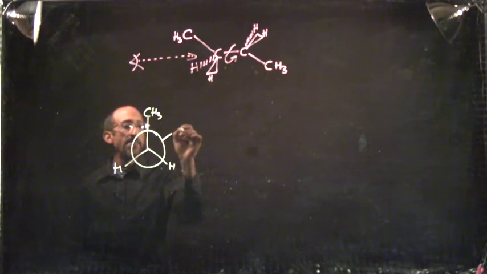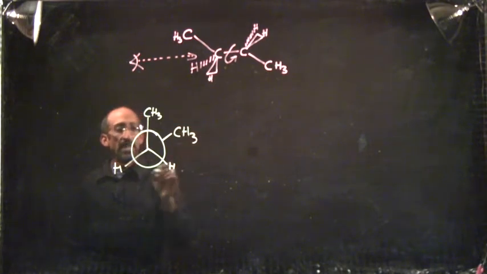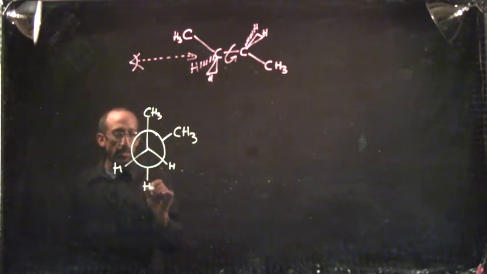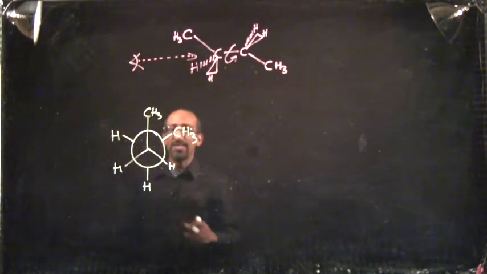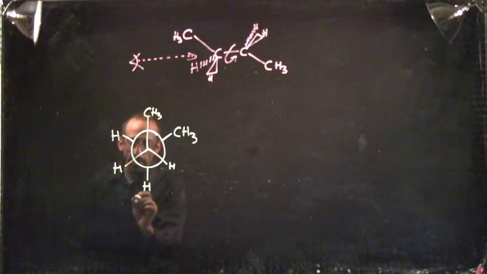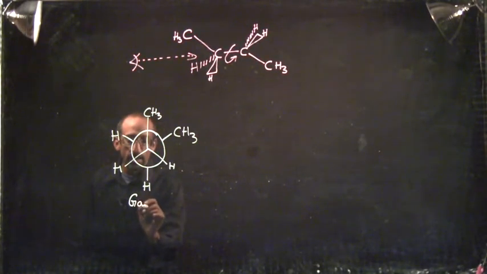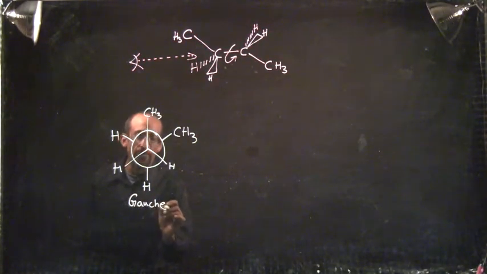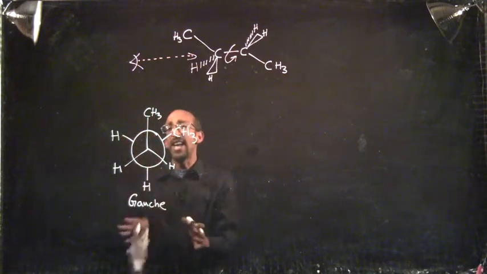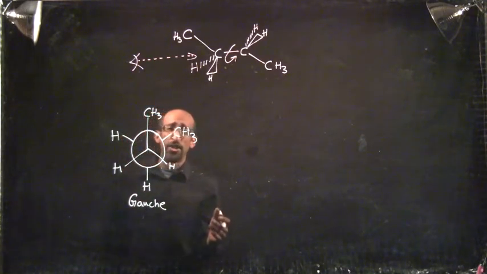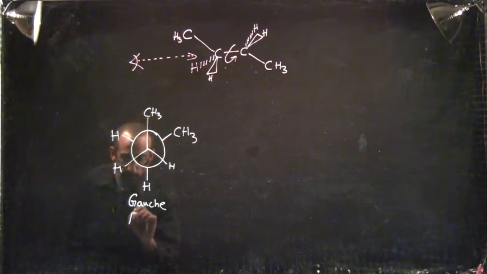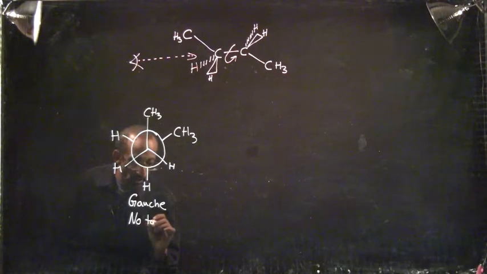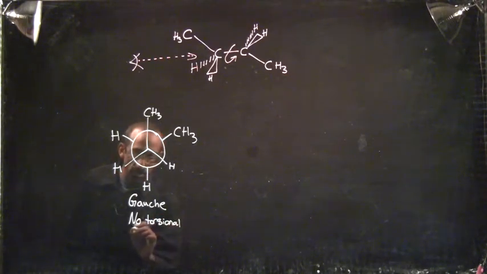And there's my back methyl group and my 2 back hydrogens. And so what we see is that in this situation for a gauche conformation, we don't have any bonds that are eclipsing each other, so we have no torsional strain coming into play here. No torsional strain.